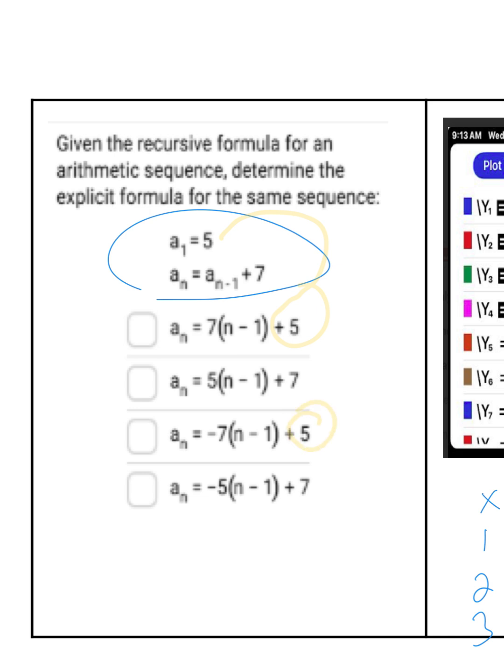But the plus 7 is here. Okay, so the 7, if you multiplied, you would have 7 times n, which would be the same as 7x, and there's no other variable to combine it with. So that ends up being your slope. So the 7 ends up being your m. So our answer here was A.